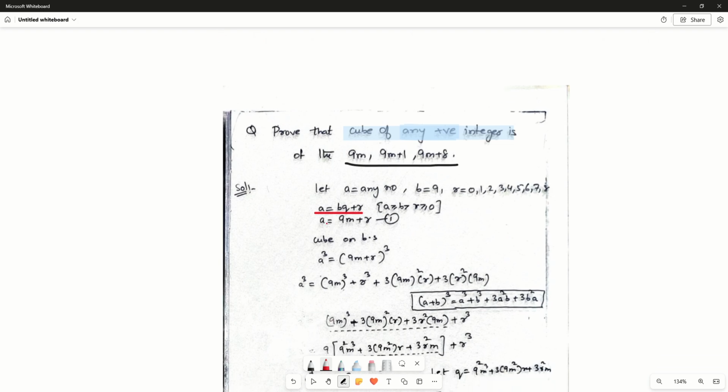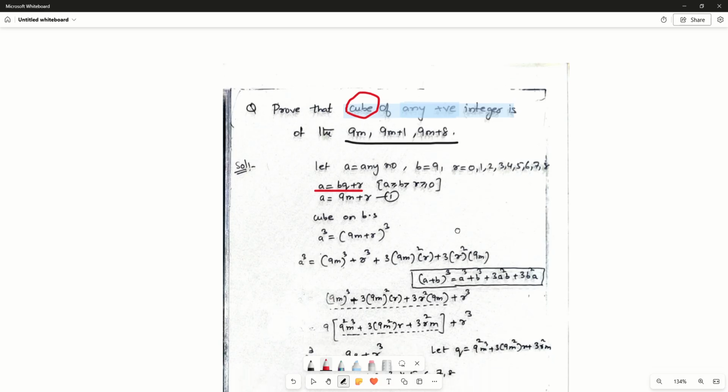Now moving on, a is equal to 9m plus r, because I am going to write this statement in this form, where b is equal to 9, q is equal to m since it is a variable, and r will take values as you know from 0 to 8. Now we have to cube, as the question itself suggests. So I am cubing equation 1 on both sides.